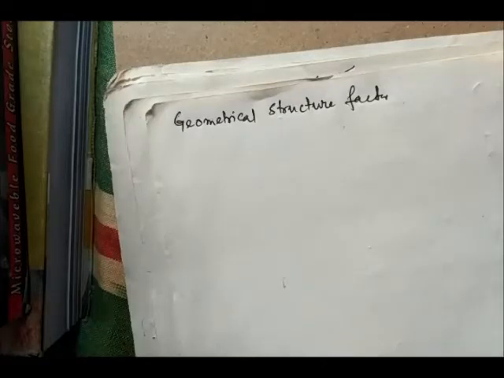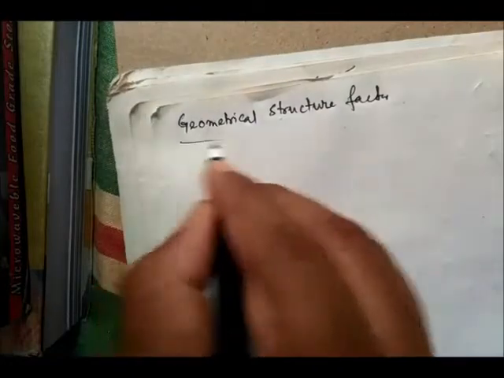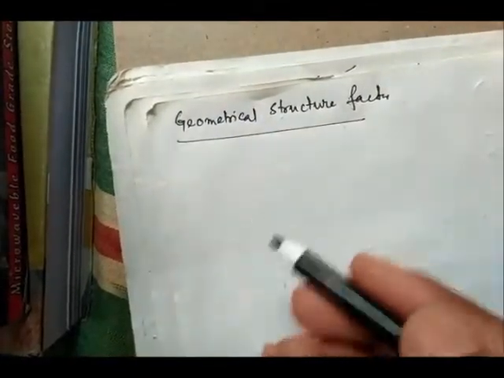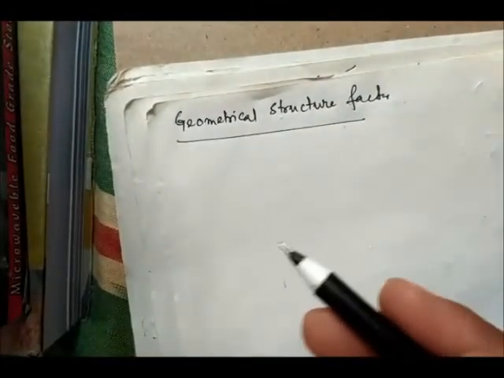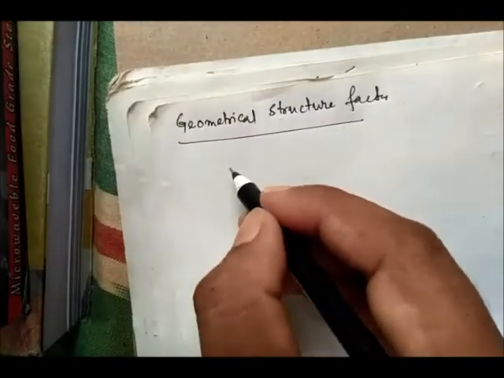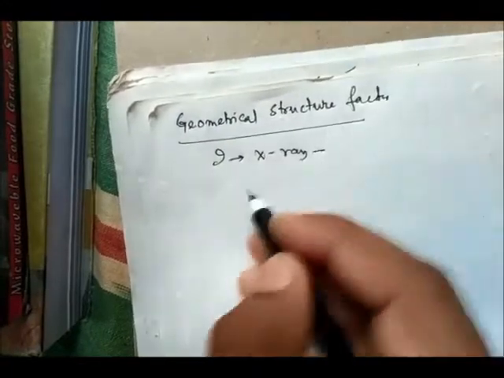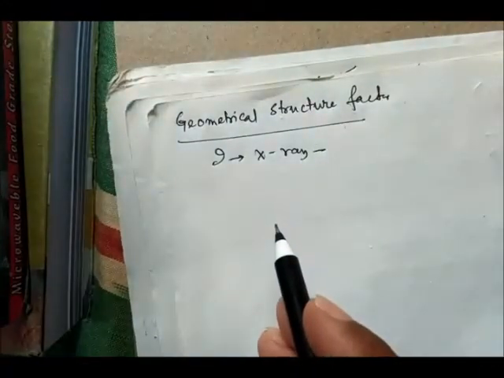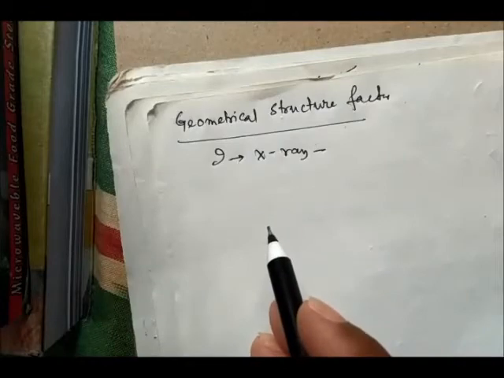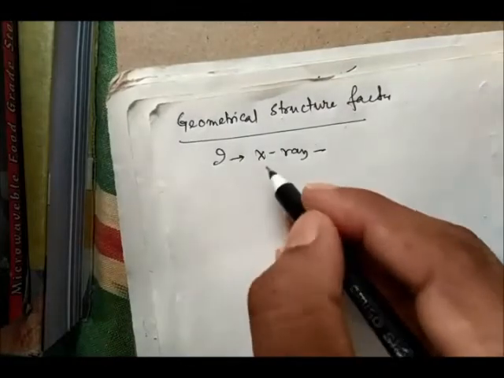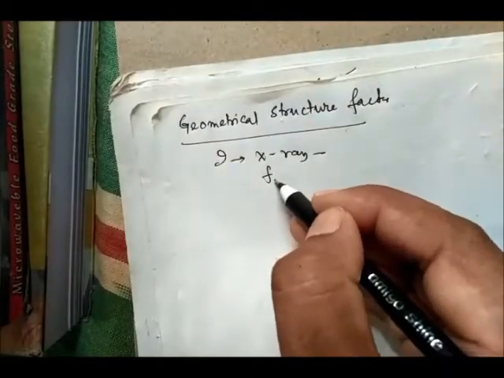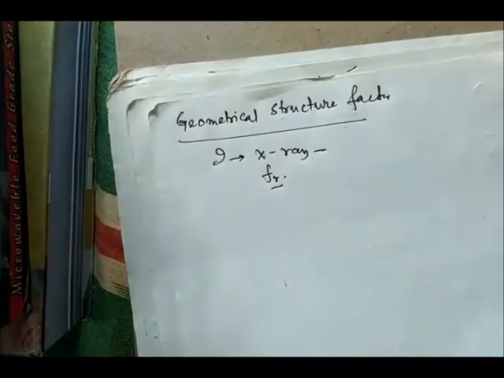Now assume you have got a crystal and you have exposed the crystal under some X radiation. The intensity of X-ray that is scattered or diffracted by the crystal does not only depend upon this f, which is the atomic scattering factor, but also some other factors.